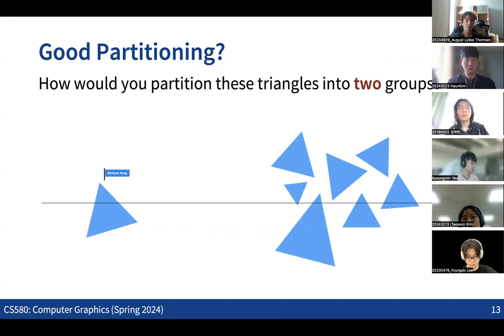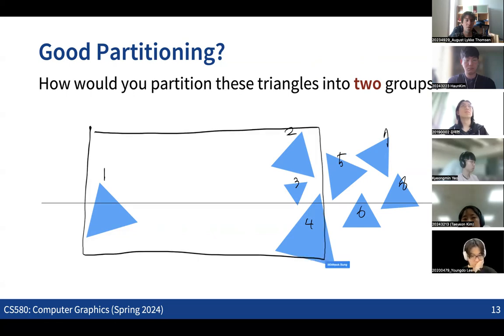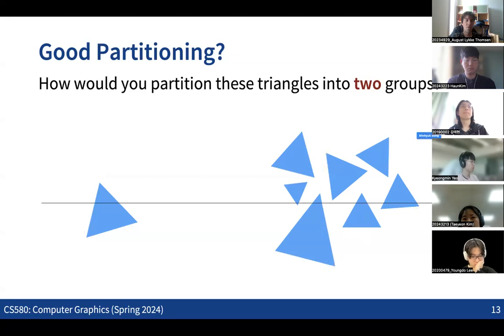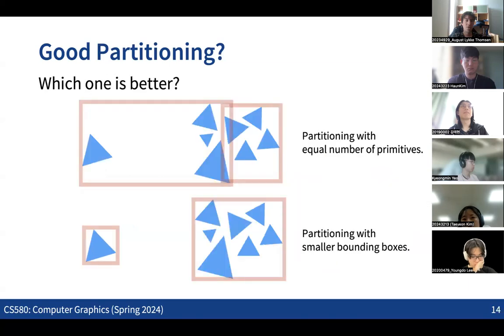Based on the order, we can see like this, 1, 2, 3, 4, 5, 6, 7, 8. So we have the primitives here. Then if we follow the binary search, we might want to split those by having one bounding box which has half of the primitives, and another bounding box which has the other half of the primitives. So this will be the example that you can see here.